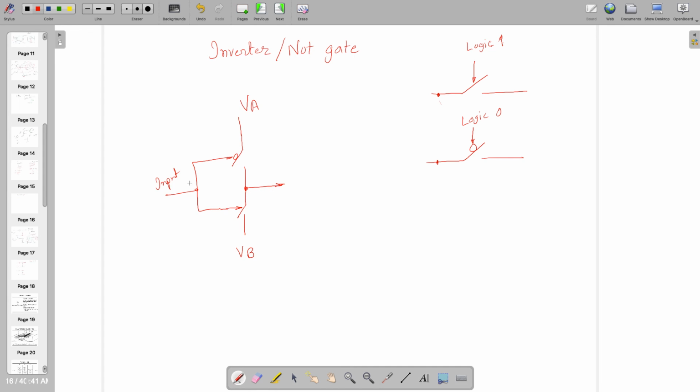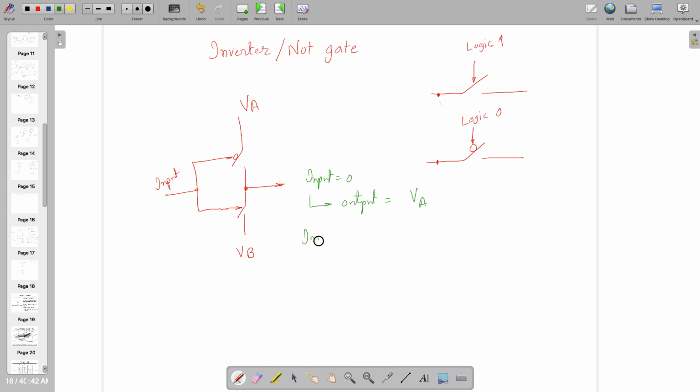So if I apply input as logic 0, what is the output? If input is logic 0, what is the output? VA. Okay.